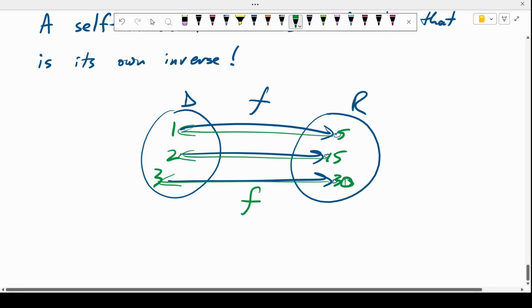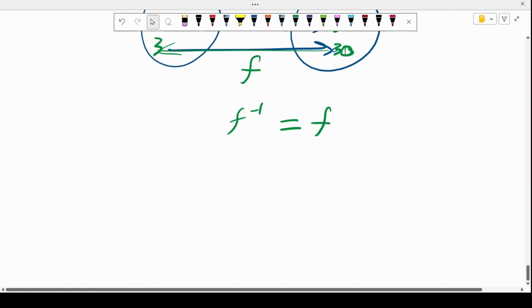But the trick is, whatever this function is, if it happens to be the case that f of 5 equals 1, and f of 15 equals 2, and f of 30 equals 3, then we have a self-inverse function, because f inverse is f itself. Okay? Now let me give you an example of this that is a non-trivial example.